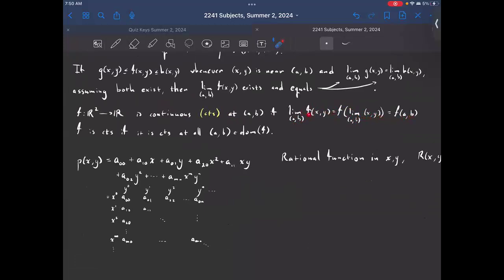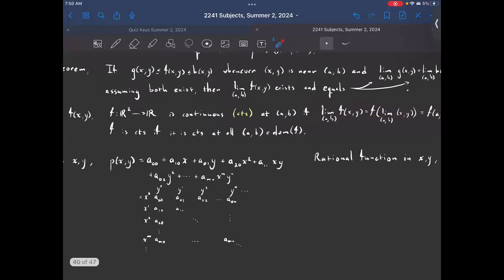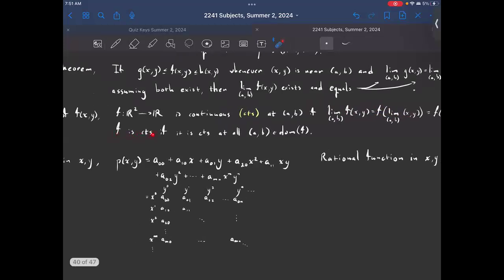And this is what it means to be continuous: f and the limit get to swap order. So you can do the limit before computing f, and that is what makes a function continuous. In other words, f is continuous in general if it is continuous at all points in its domain.